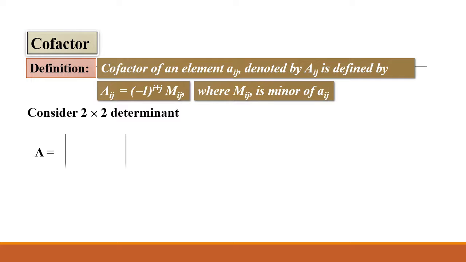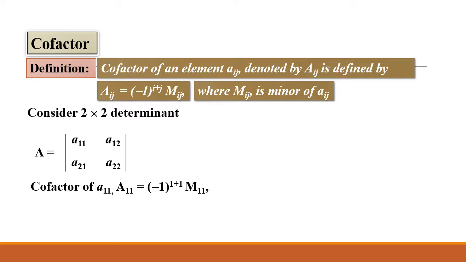So consider a 2 cross 2 determinant. A 2 cross 2 determinant has 4 elements, A11, A12, A21 and A22. So the cofactor of A11, that is capital A11, is equal to minus 1 raised to 1 plus 1 M11. Similarly, the minor in a 2 cross 2 is obtained by deleting the first row and first column.